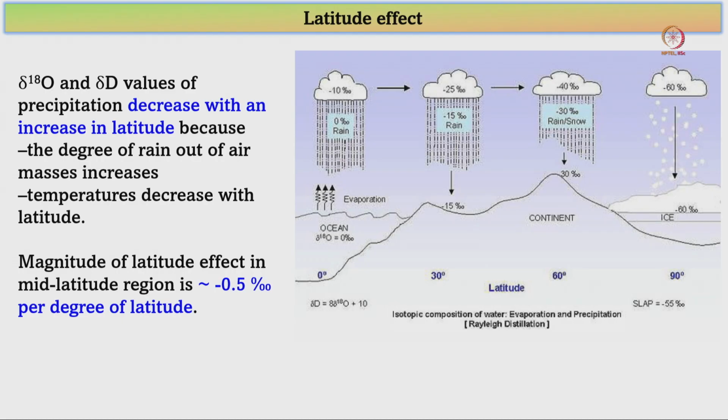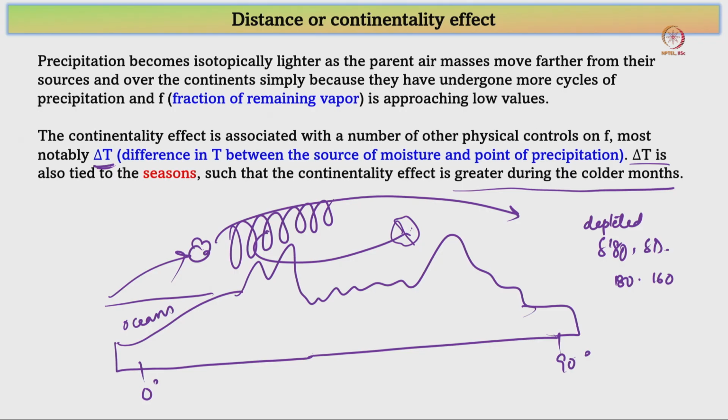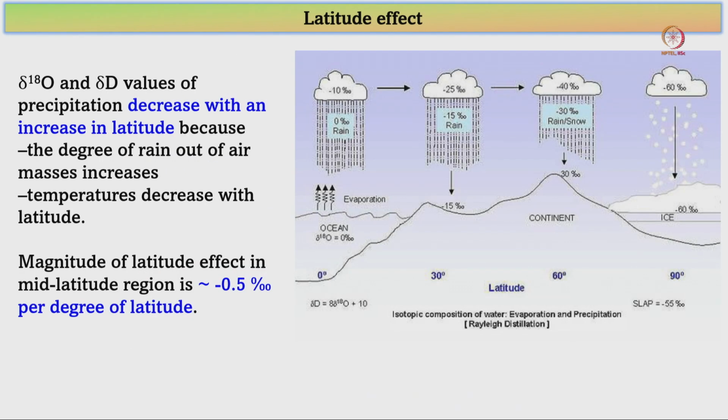The third factor that affects the precipitation composition is therefore also the latitude, right, because here we are also moving across the latitude. So, again it is very related. So, the degree of rain out of air masses increases as we are moving across the latitude, and the temperature definitely decreases with the latitude.